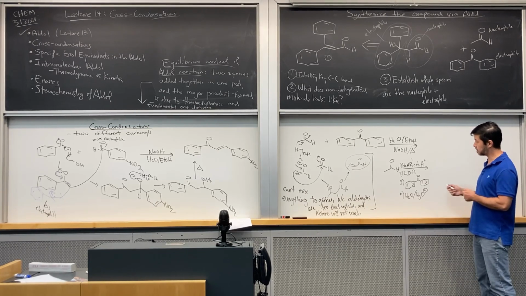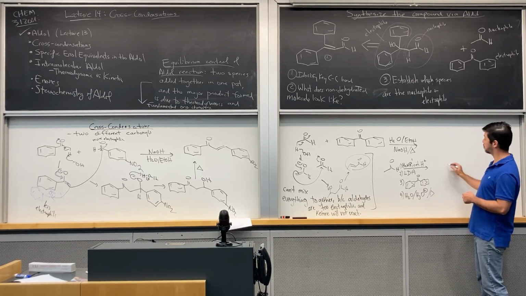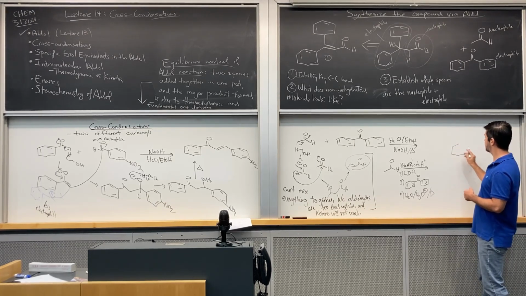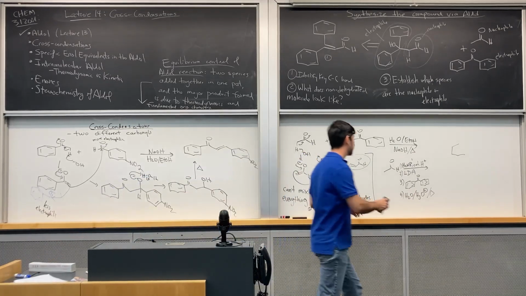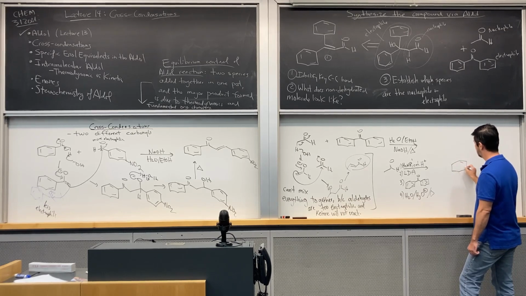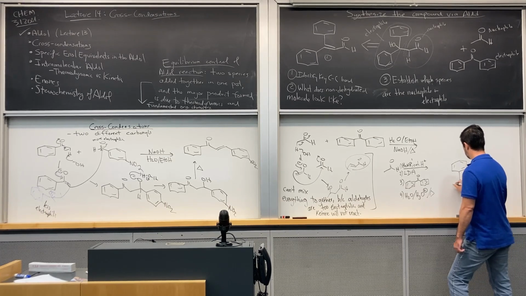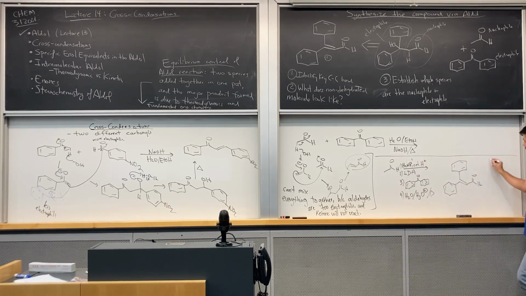So if you do this reaction together, and let's add some heat, you will generate your product. So let's draw out that product again. Okay, so just make a note here, this is the desired product.